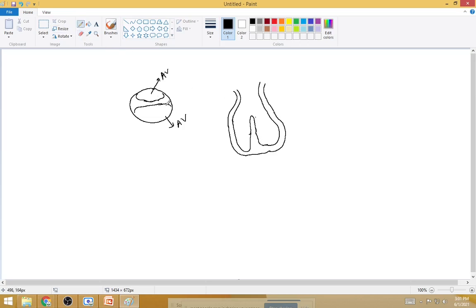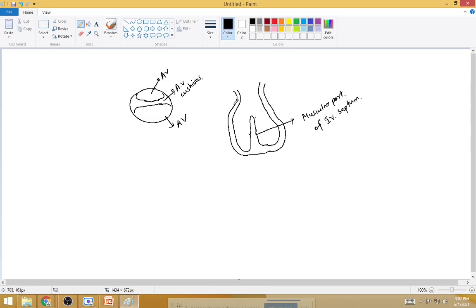So the first one is the atrioventricular fusion of the atrioventricular cushions. The second is the formation of the muscular part of the interventricular septum.